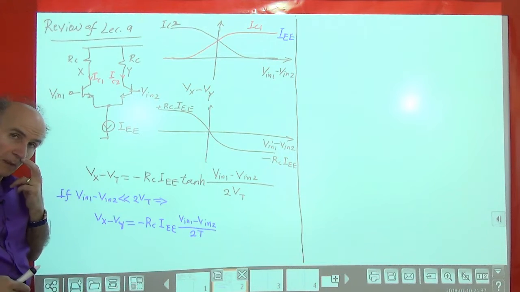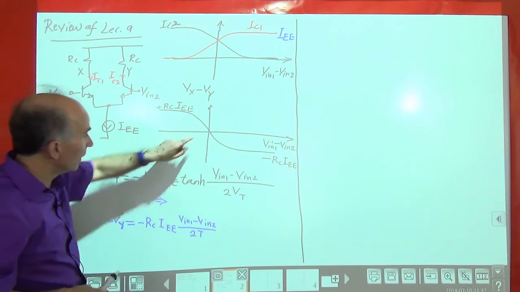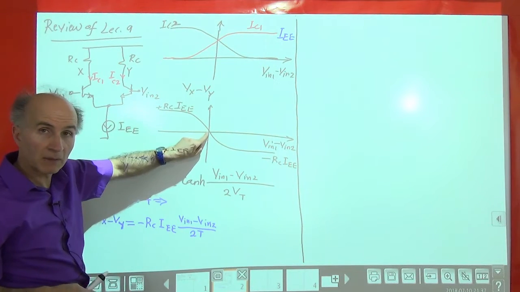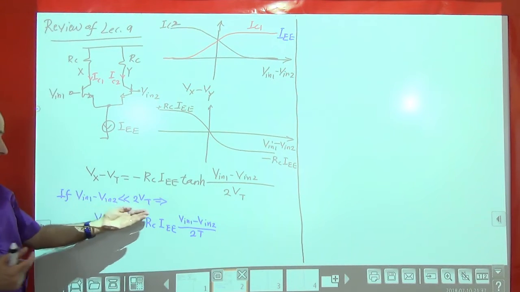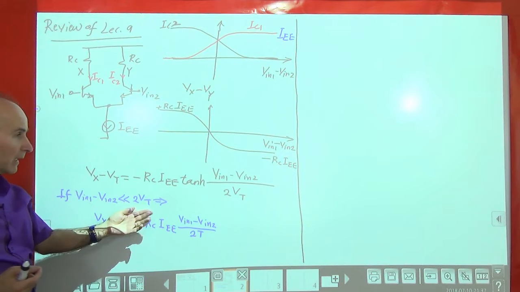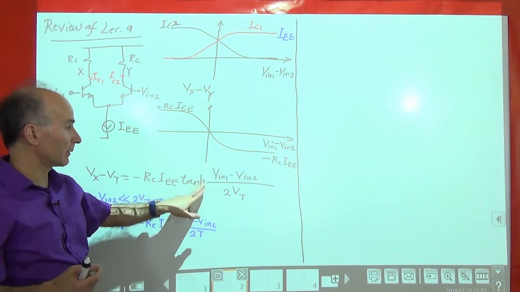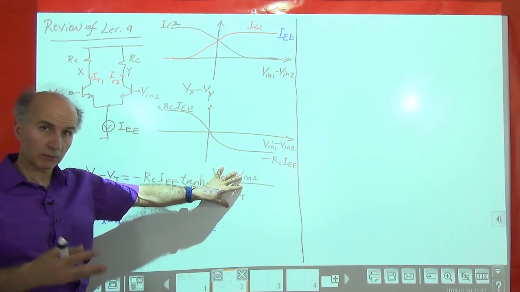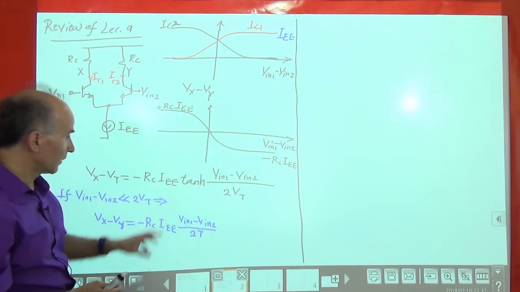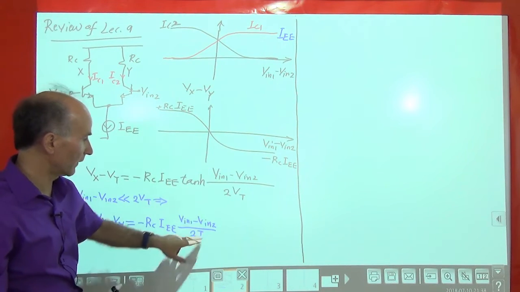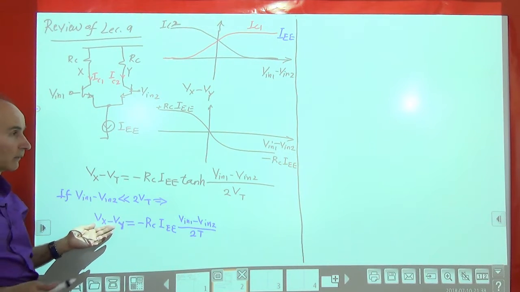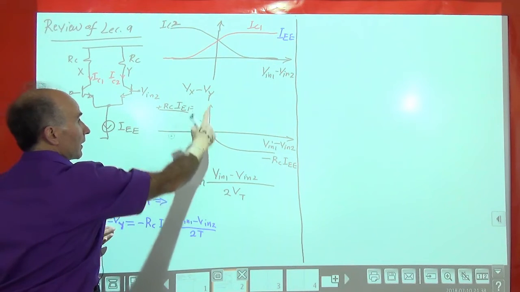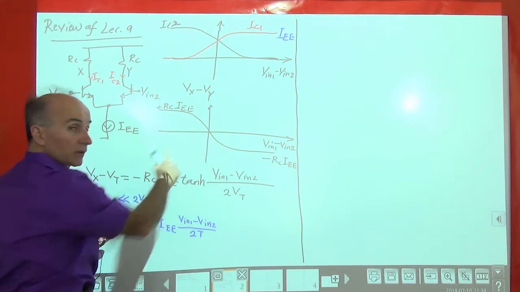We also made a note that if we are in this vicinity, meaning Vin1 minus Vin2 is pretty small, in particular much less than 2Vt, then I can say that the hyperbolic tan of something is approximately equal to that something. So I just replace this whole thing with the argument, and I end up with a simple relationship between Vx minus Vy and Vin1 minus Vin2.